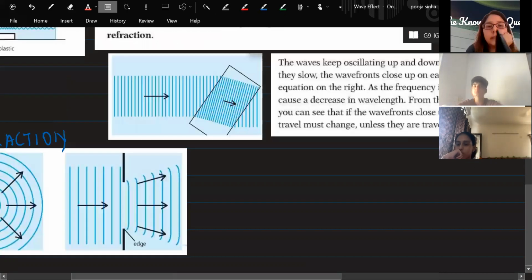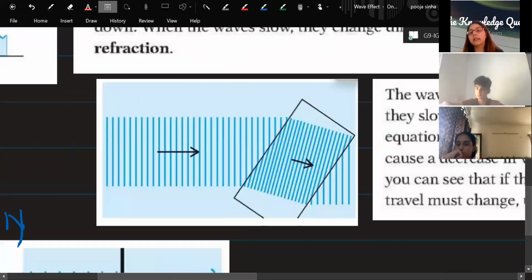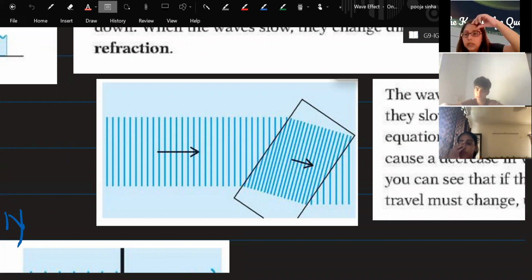Which means that when they are coming here, frequency is something which is not going to change, but speed and wavelength are things which are going to change. And as we said, when they're in the shallow water, the speed is reducing. So when the speed reduces and the frequency is the same, what happens to the wavelength? The wavelength also reduces.